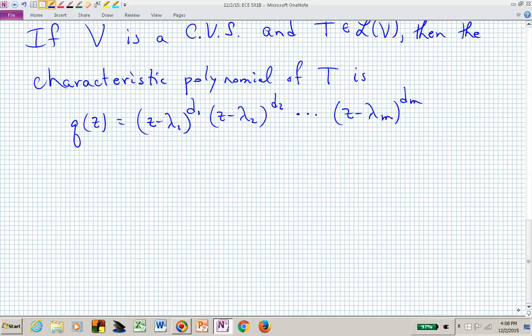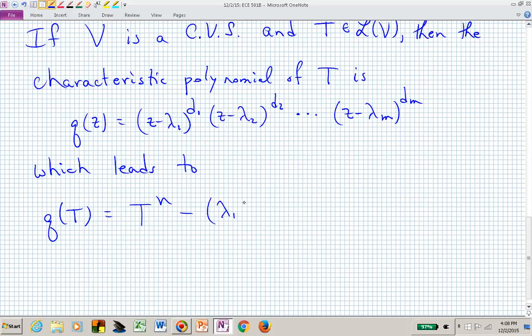That's the characteristic polynomial from before, and this leads to the following. Q of t, and now this is a matrix expression, t to the n minus the sum lambda sub 1 plus lambda sub 2 plus, let's say, lambda sub n, and now I'm including multiplicities in that lambda sub n.